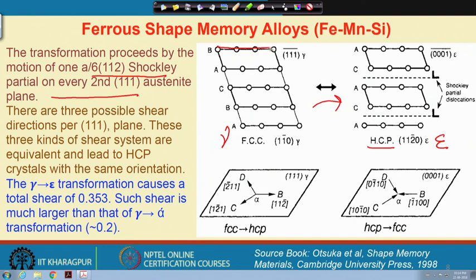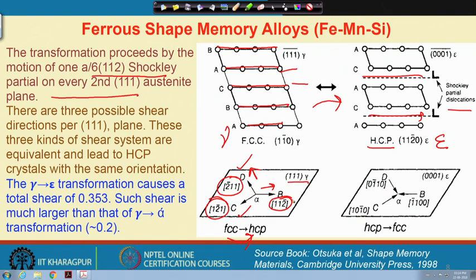So, this is the 111 austenite plane, and on every second plane one Shockley partial should pass, so that the transformational strain can be accommodated. Usually this is a 112 type of Shockley partial, and there are 3 such Shockley partials available here, shown as vectors B, D and C, for the FCC to HCP transformation on the 111 austenite plane.